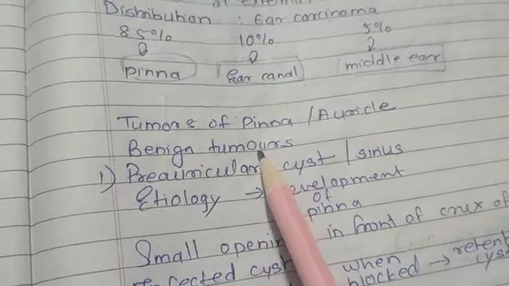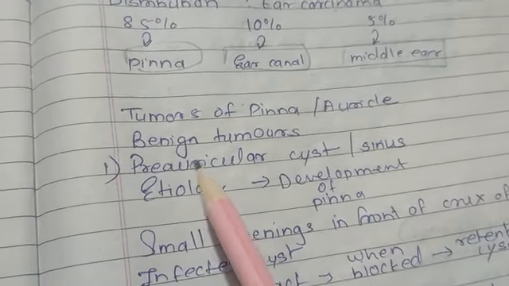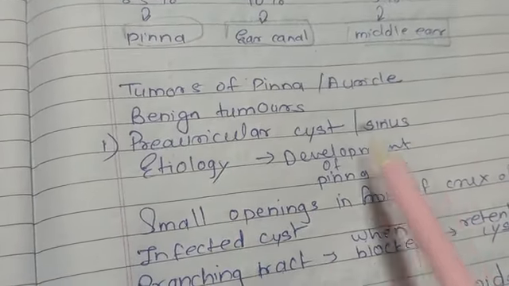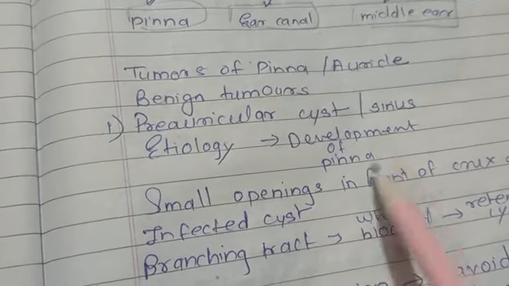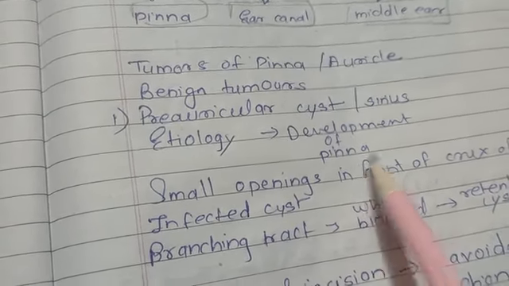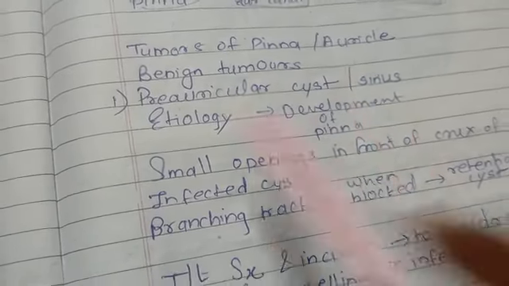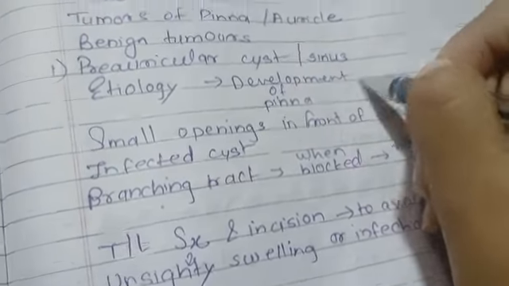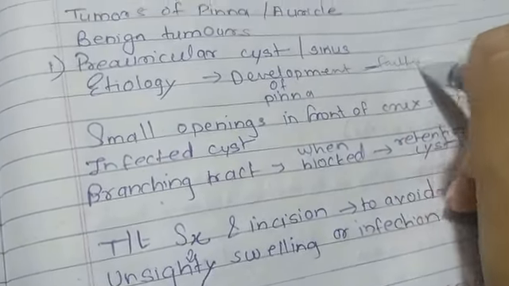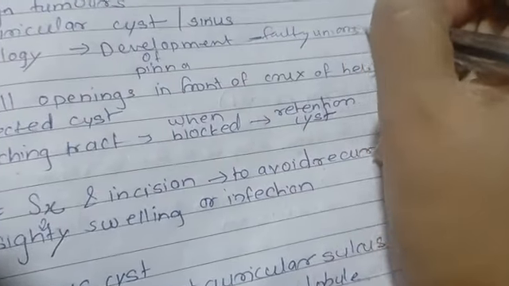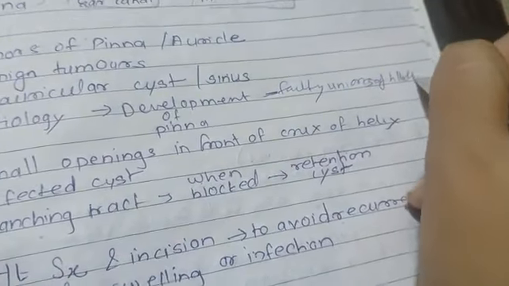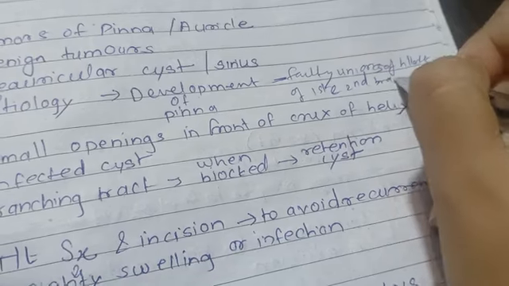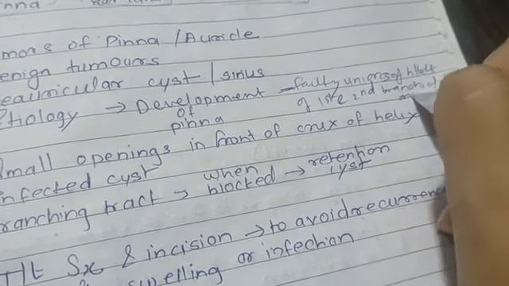Talking about tumors of pinna or auricle, we have benign tumors, which first is a preauricular cyst or sinus. Etiology being the development of pinna. During development of pinna, what happens is faulty union of hillocks of first and second branchial arches.